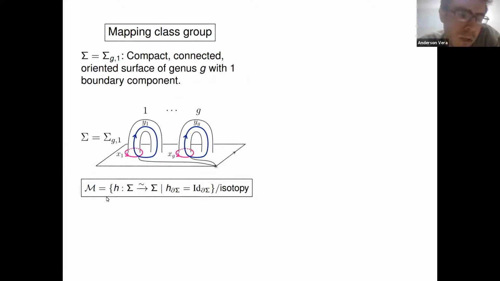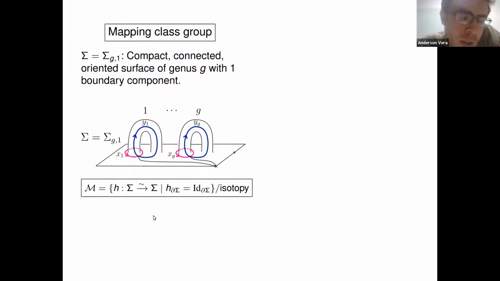This is one main object in low-dimensional topology, and we can study this group by using different kinds of approaches, but we are going to use an algebraic approach. Before this, let me recall that one of the main examples of elements in the mapping class group is the so-called Dehn twist. We have a simple closed curve on the surface, and we take a regular neighborhood, which is an annulus or cylinder.